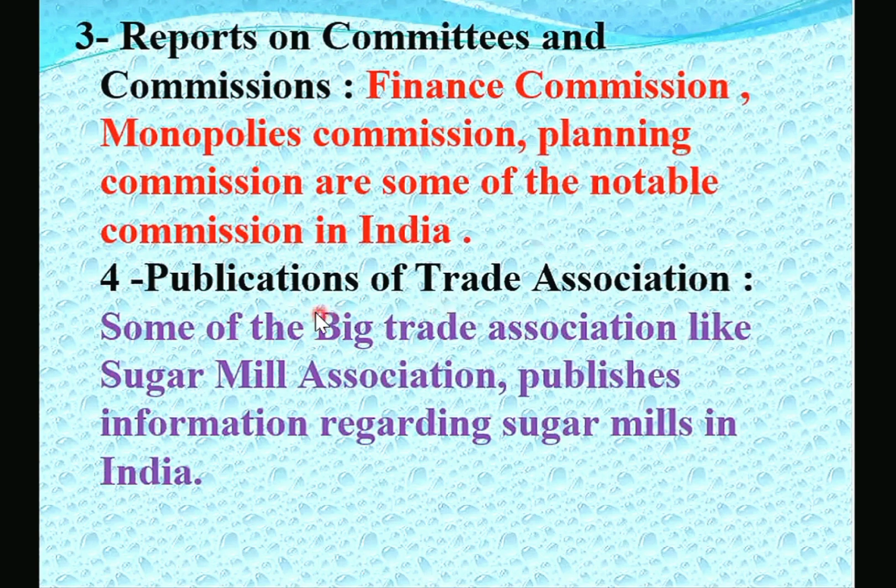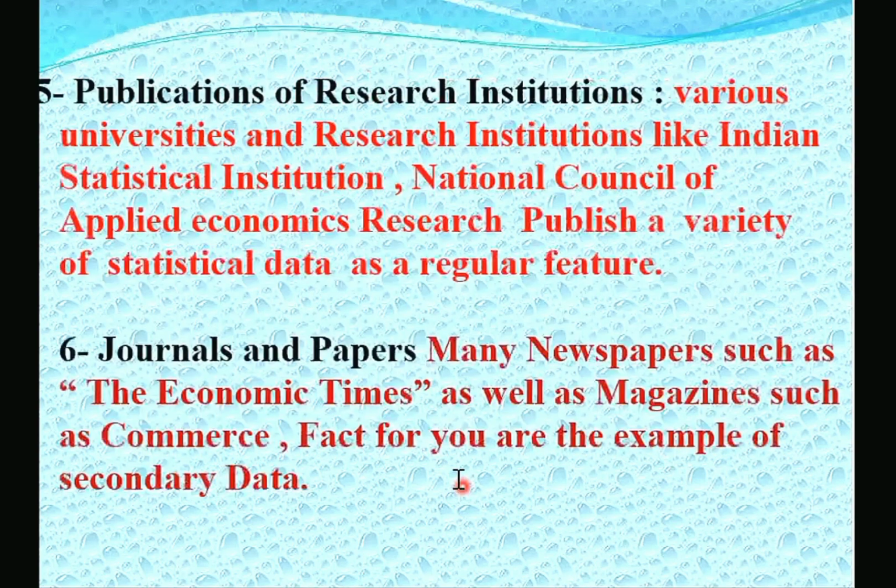And then fourth is publications of trade associations or unions. Some of the big trade associations like the Sugar Mill Association publish information regarding sugar mills in India, and trade associations also publish their policies and other information in various ways. Next, fifth is publication of research institutions.